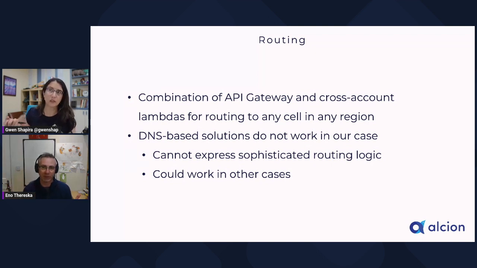So this is more about that final bit. You are in a region, you have arrived there, you get a request from a customer. How do you know in which cell the customer is located? And that part is done through Lambda. DNS-based, you're absolutely right, works well for the regional routing part.